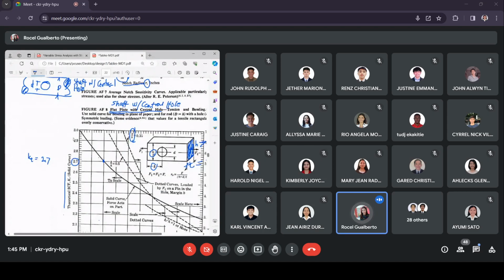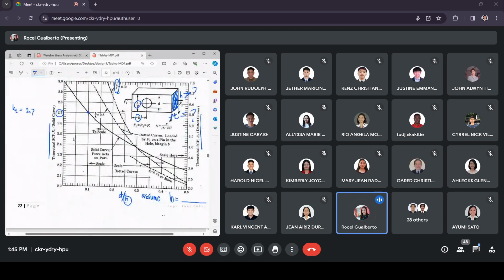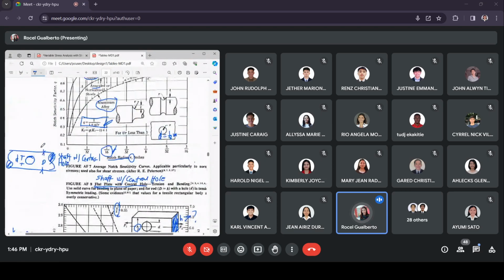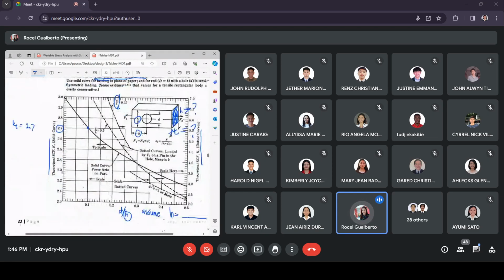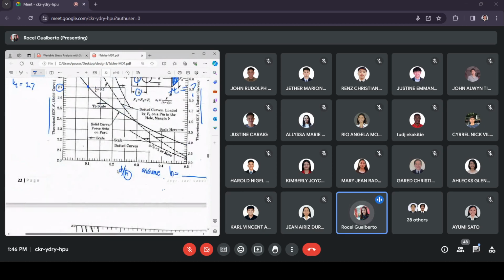Say for example, we have here D over H. If we now have a shaft, we no longer have the value of H and the value of T. What we have only is its diameter, big letter D. So how do you modify this D over H?